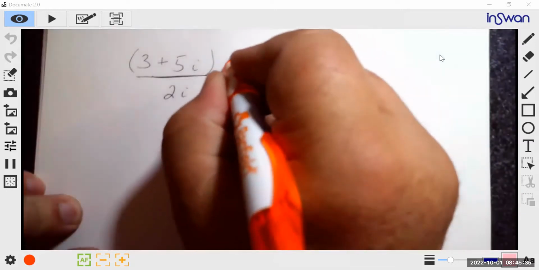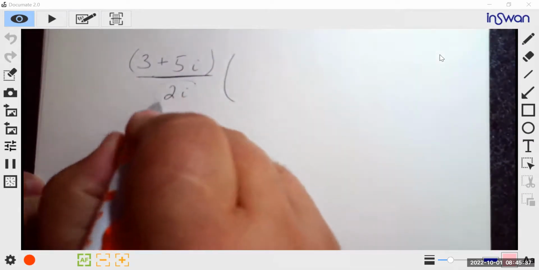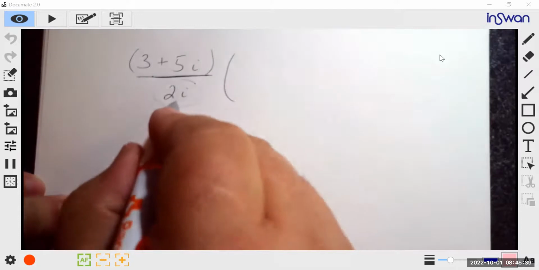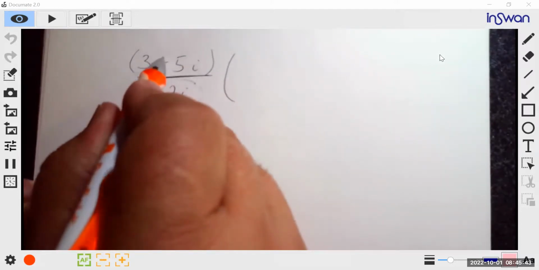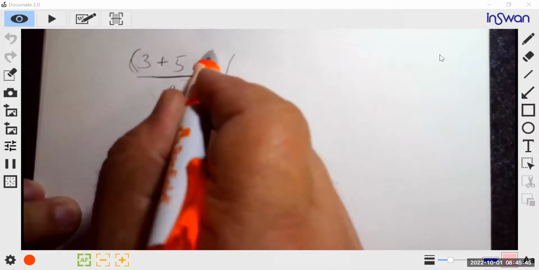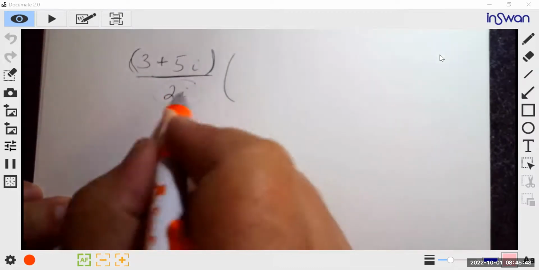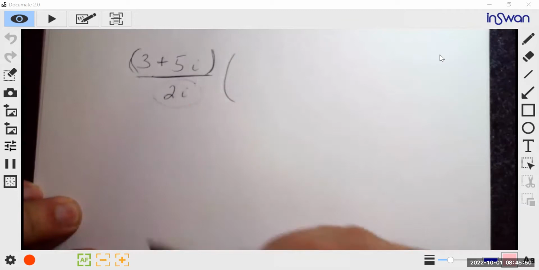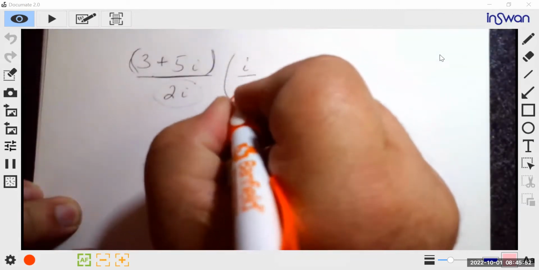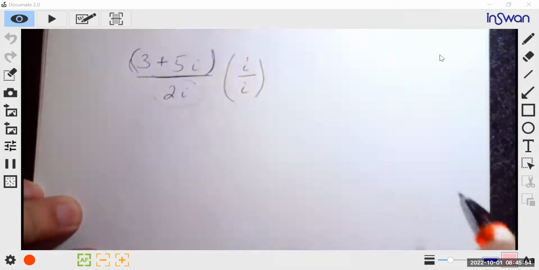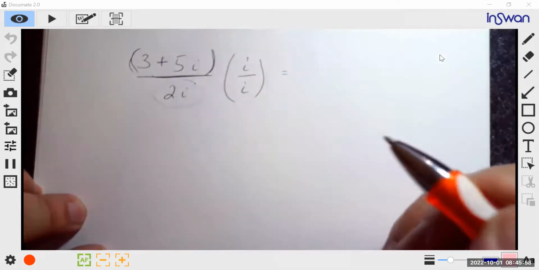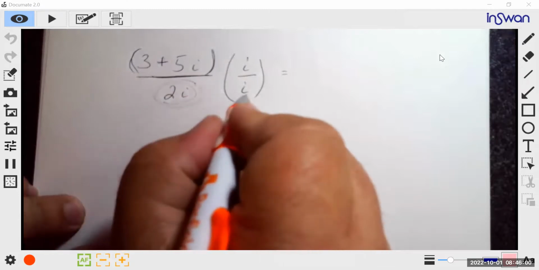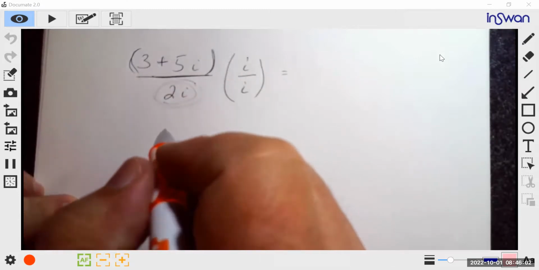Yeah, multiply top and bottom by I, because the bottom is a monomial. And we cannot cancel these I's, because the top, since it has a plus or minus, is one number that has to stick together. The I's cannot cancel. So we have to multiply I divided by I, whenever you have a monomial.